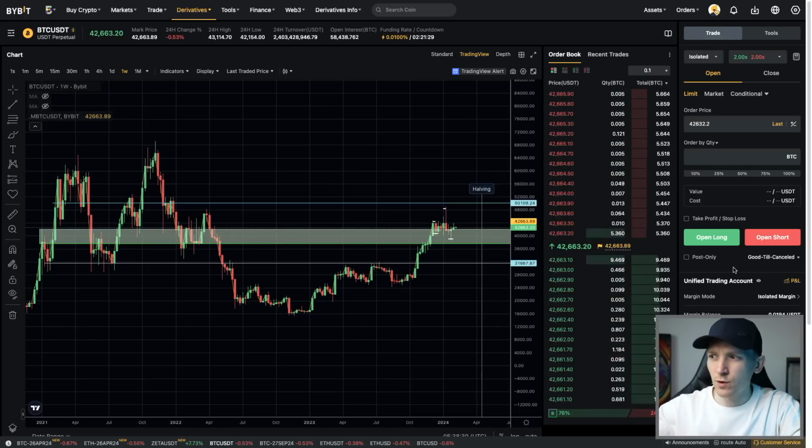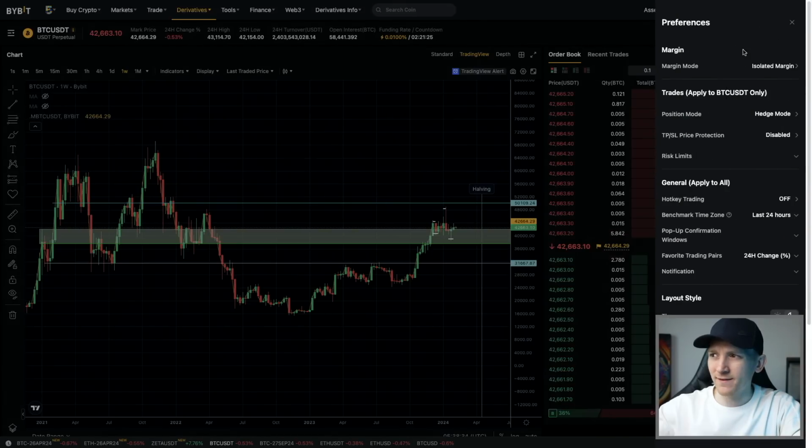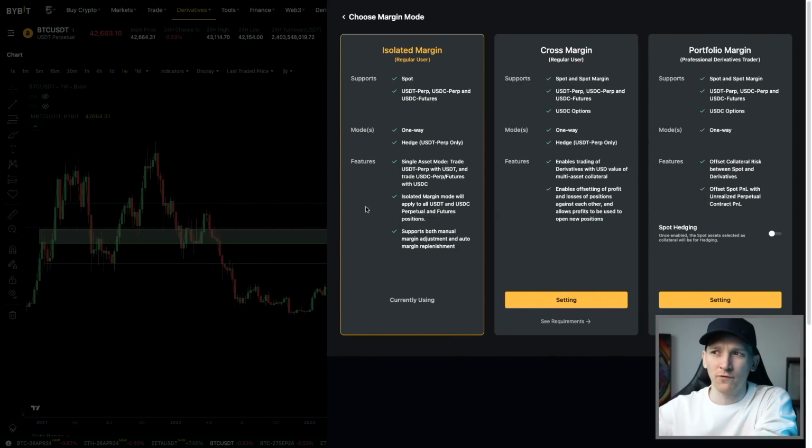So if we click unified trading account here, go to settings, and then it's this one, margin. So we're going to click isolated margin. That brings up these three different accounts. So for most people, if you're using dollars or stable coins to margin your positions, which most people do for the most part, then isolated margin is going to isolate each of your positions separately.